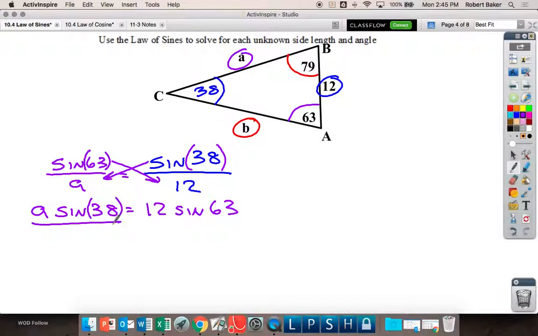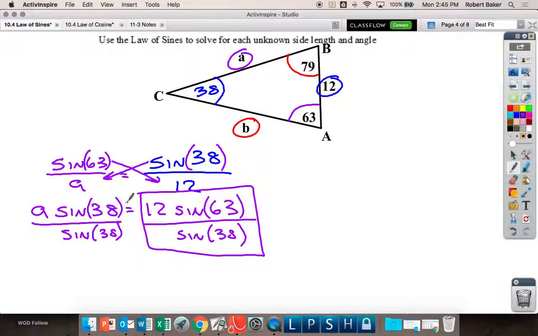Divide by sine of 38. This is the magic that needs to go into the machine.